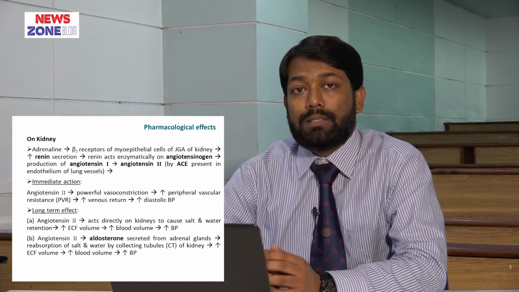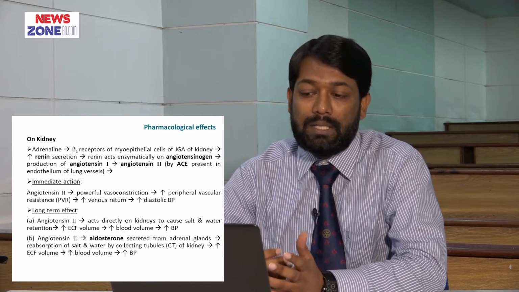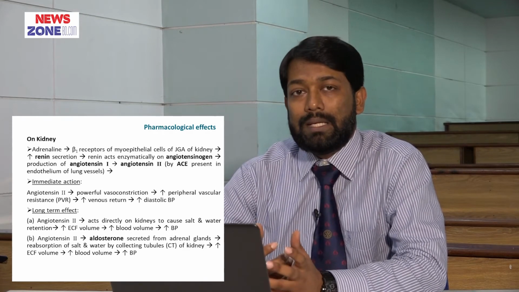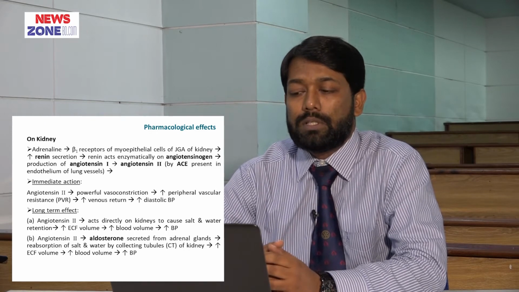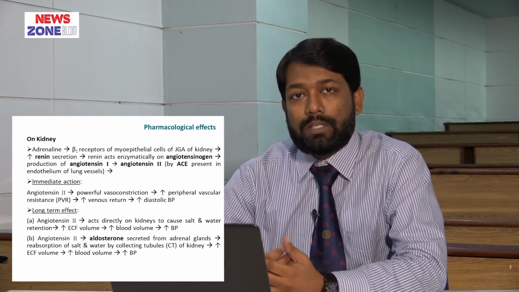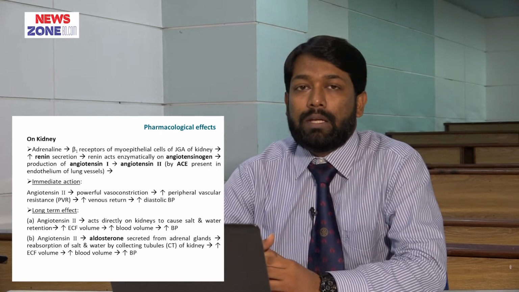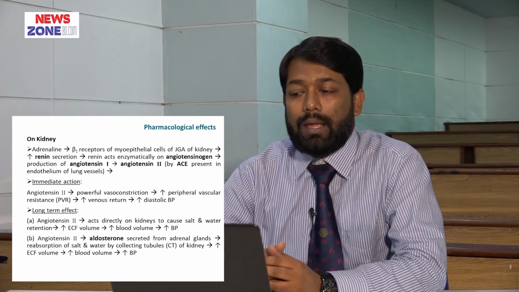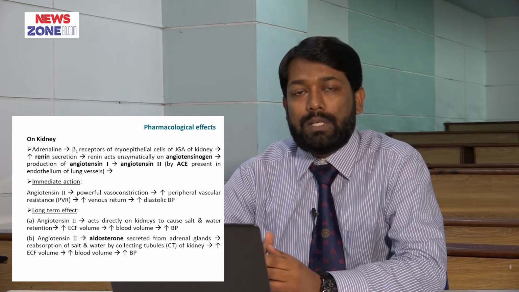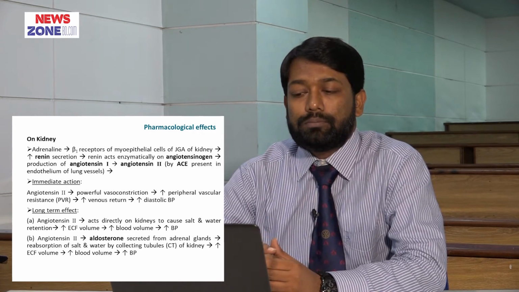Angiotensin 2 has two types of action, immediate and long term. Immediately they cause vasoconstriction, which is very powerful, increase peripheral vascular resistance and increase venous return, and as I said, thus they increase diastolic blood pressure.